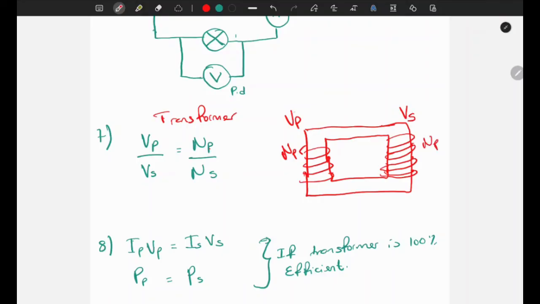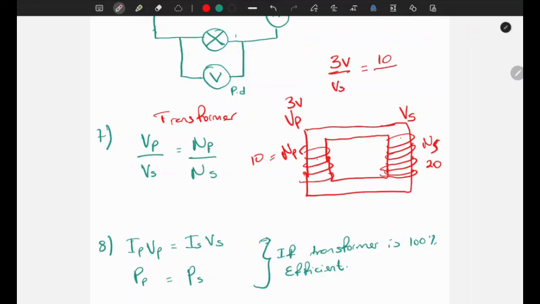Let's say the voltage in the primary coil is 3 volts, and the number of turns in the primary is, let's say, 10. So if Np is 10, the number of turns in the secondary coil, let's say, is 20. So we use the formula. Vp over Vs. Vp is 3 volts. We don't know Vs.